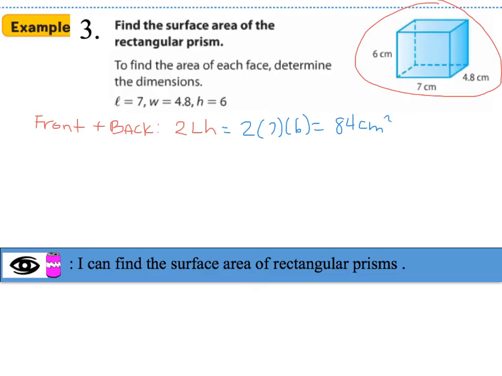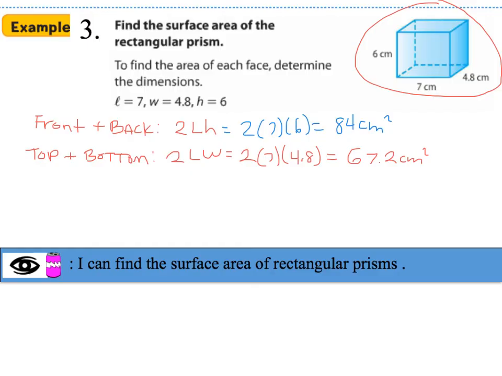Now let's find the area for the top and the bottom. I'm going to take 2 and multiply it by the length and the width. So I'm going to say 2 times the length, which is 7, and the width, which is 4 8/10. So if I multiply that out, I would get 67 2/10 centimeters squared.